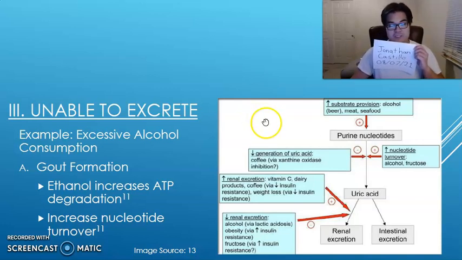An example of how this condition can occur is through excessive alcohol consumption. The ethanol in alcohol increases ATP degradation to uric acid precursors. This increases purine nucleotide degradation by enhancing the turnover of adenine nucleotides, which can then be used for excess uric acid synthesis.